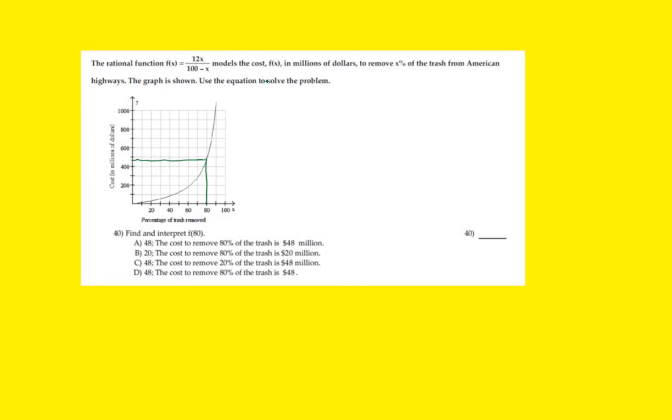So what we're going to do here in the function is substitute f of x, which is f of 80, and evaluate it: 12 times 80, substituting in this equation, divided by 100 minus 80. So 12 times 80, I think, is 9,600.